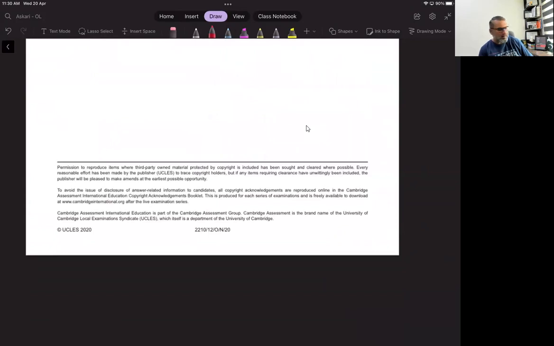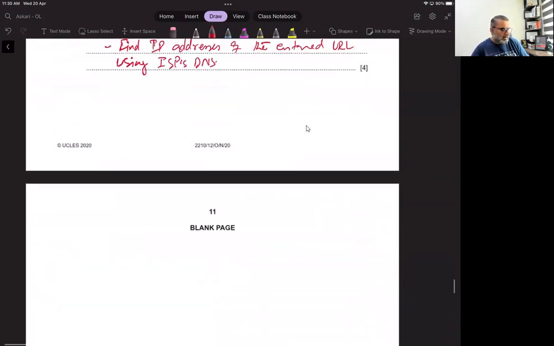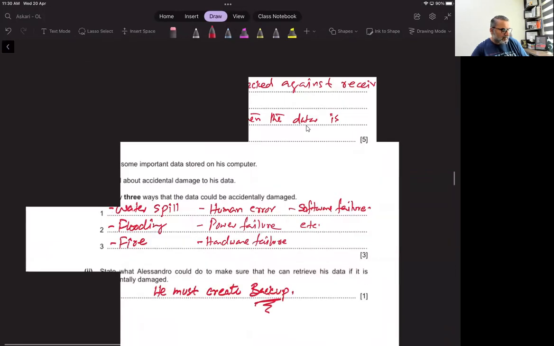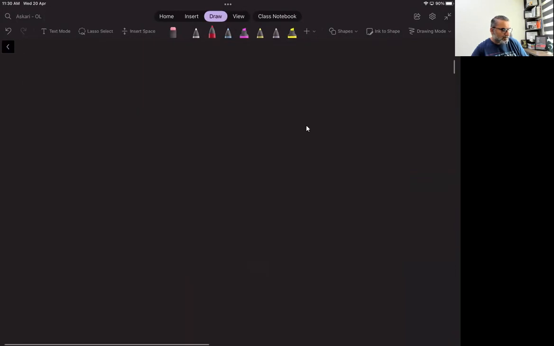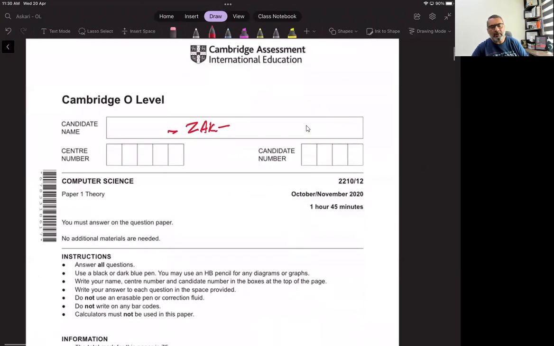So that's about it. The paper is finished. You see, we can solve this paper well before time if you are prepared well. So I would always advise that you solve your paper and then recheck it before you submit it back to the examiner.